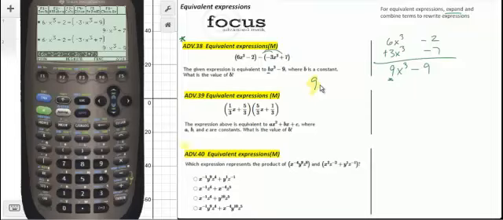All right, the final question for today. Try question number 40, please. So this is just working with the properties of exponents. Okay, once again, you have these two separate terms to this expression.